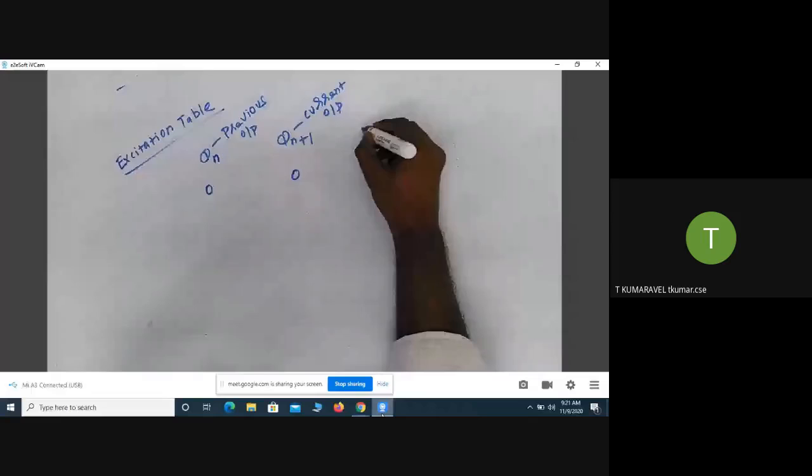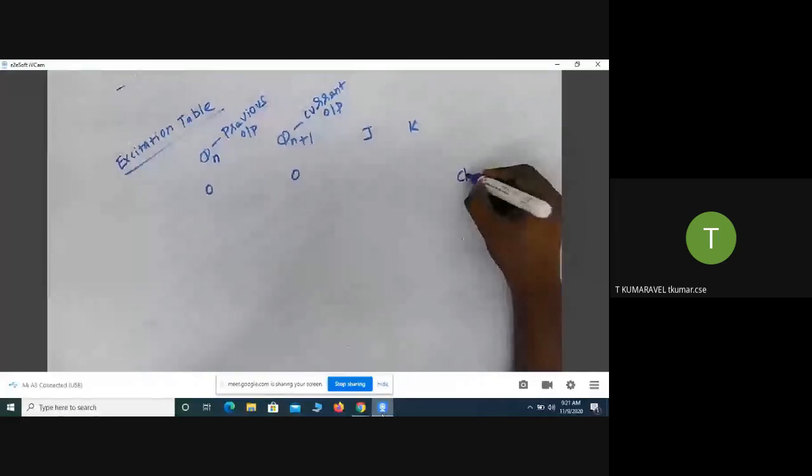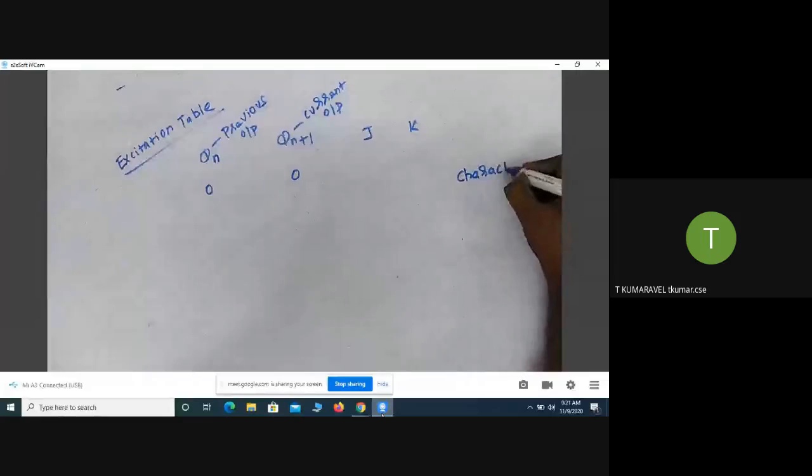In order to do this operation, you need the characteristic table for the JK flip flop.